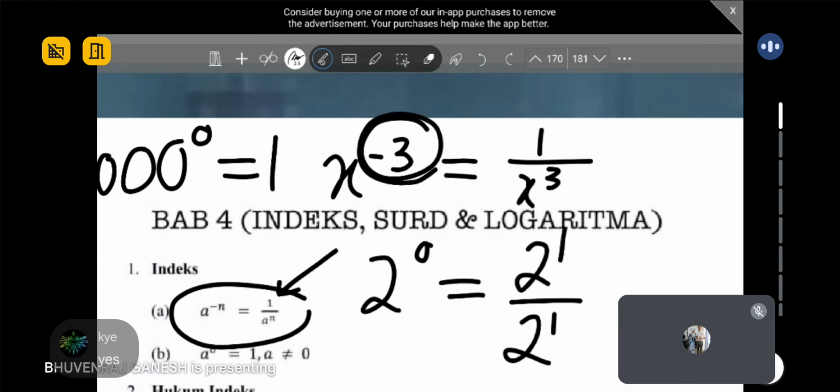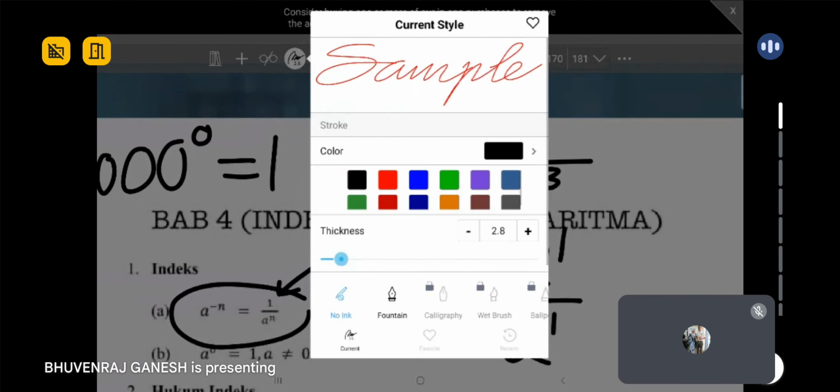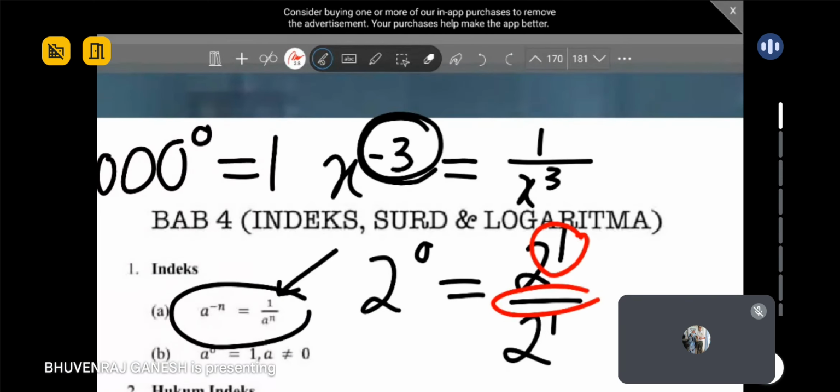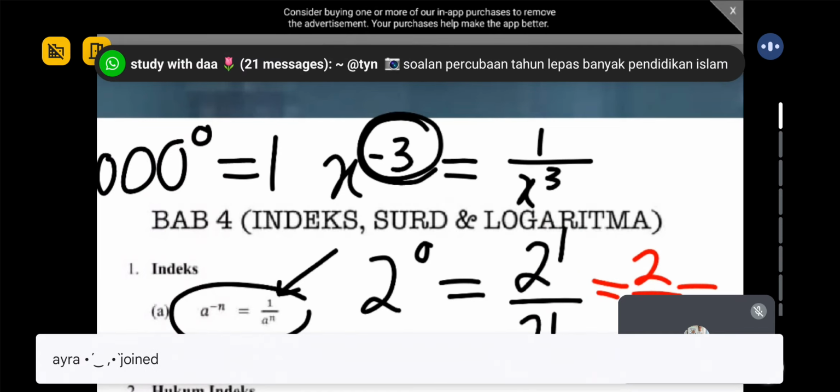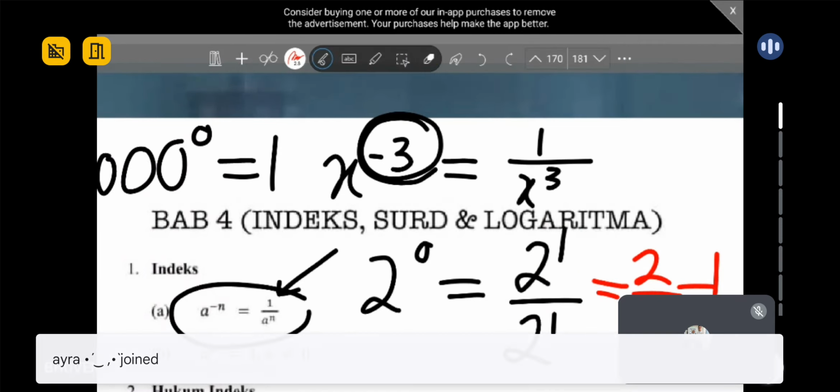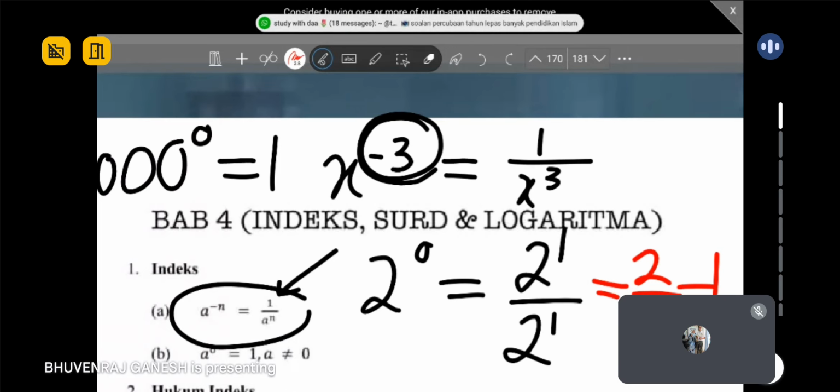Okay, because when you divide, your power must minus, guys. Always in indices. Okay, whenever you see divide sign, power minus. Okay, so it's 1 minus 1. 1 minus 1, you get 0. So, guys, 2 power 1 is 2. So, what's the answer, guys? Apa jawapan dia? 1. So, this is how we prove it, guys. Simple or not? Senang tak?